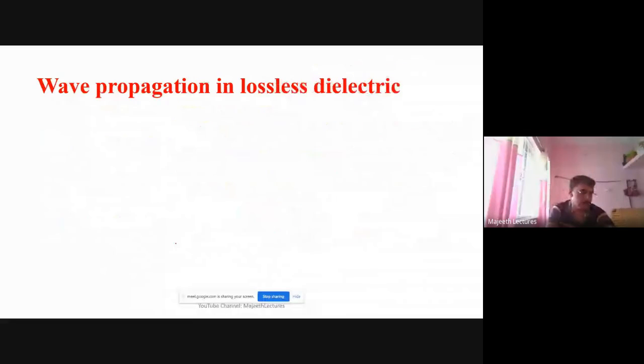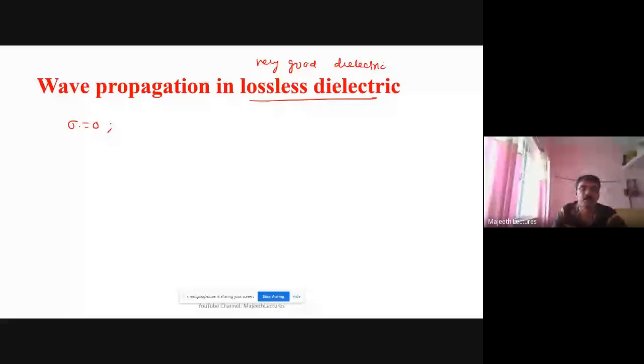In lossless dielectric, we have to know some parameters. Lossless dielectric means it is a good dielectric. Here it won't conduct, so sigma is 0, conductivity is 0. Epsilon is epsilon naught epsilon r, and mu is equal to mu naught mu r.